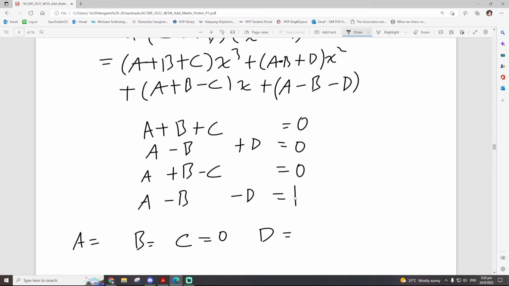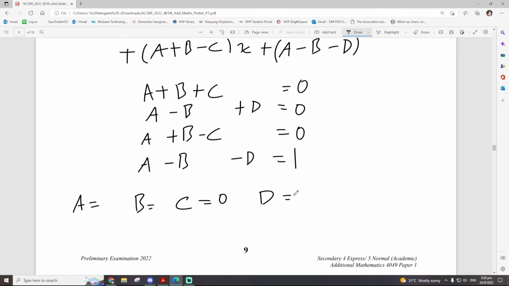And what about d itself? I get minus 2d equals 1, so that is to say that d is negative half.